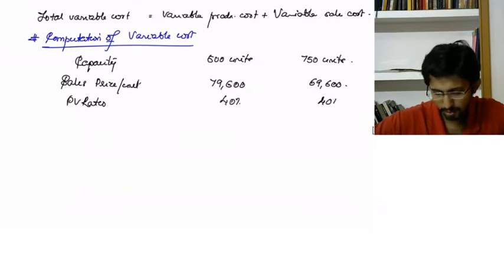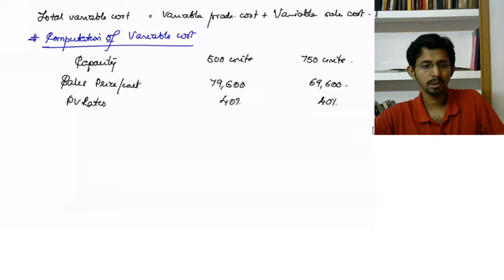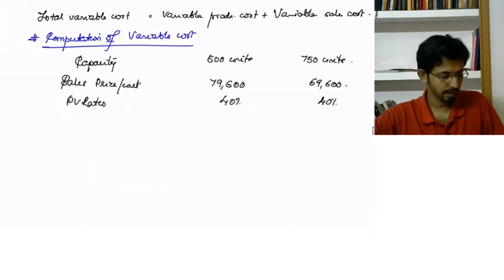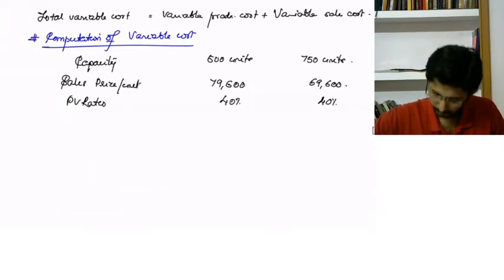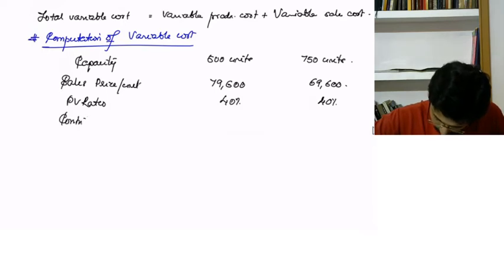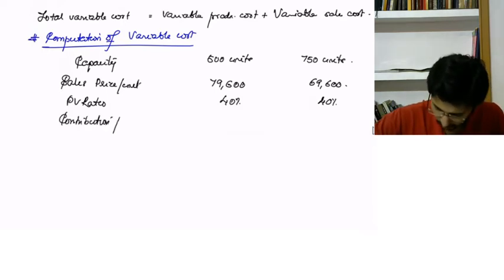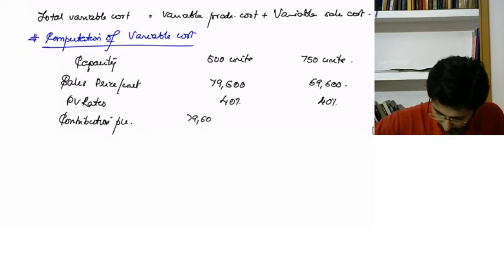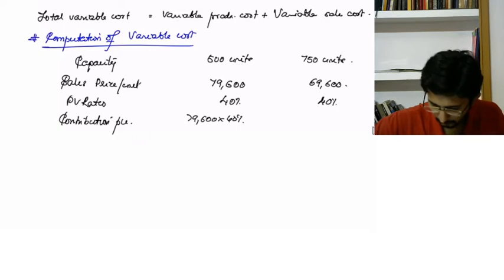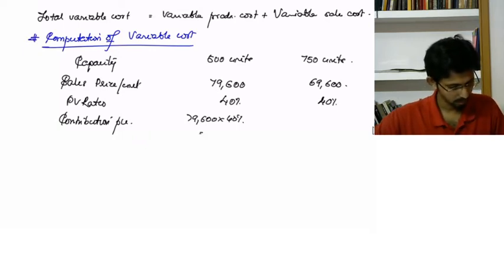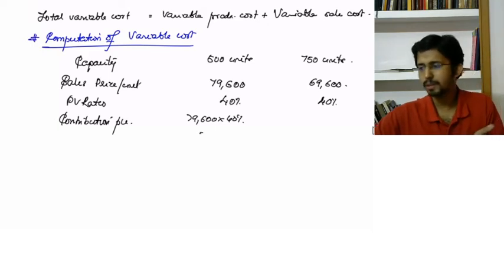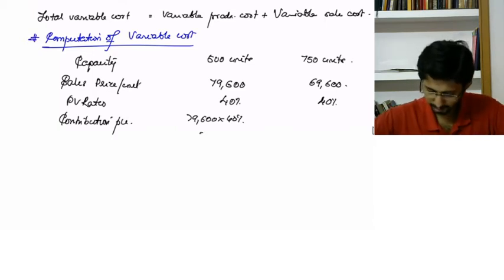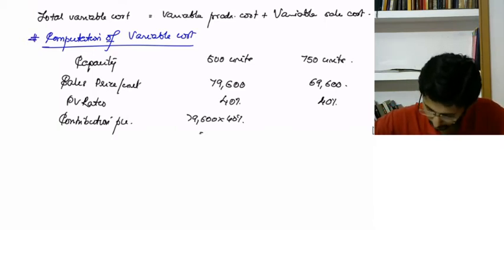Okay. So if you apply the PV ratio to the sales revenue, what will you get? You will get the contribution per unit. Contribution per unit: 79,600 into 40%. If you apply the variable cost ratio, you will directly get the variable cost, but here I am finding out the contribution.